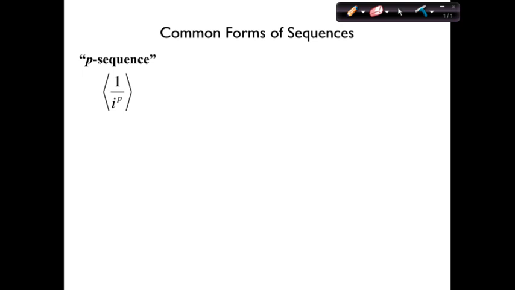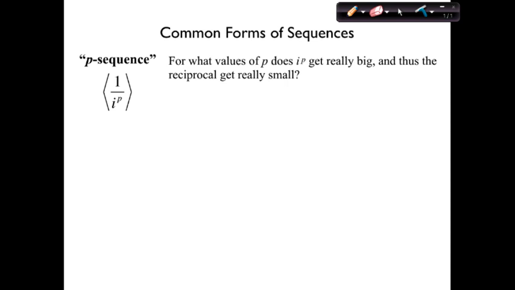Your index is the base, and P is some constant for that particular sequence. 1, 2, 3, 4, that's I. So we're asking for what values of P does I to the P get really big and thus the reciprocal get really small? For what values of P does a P sequence converge to 0?